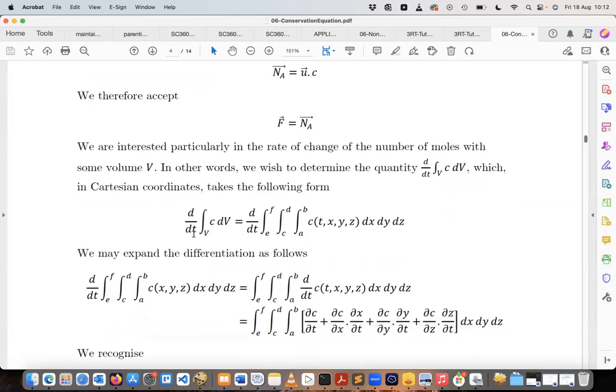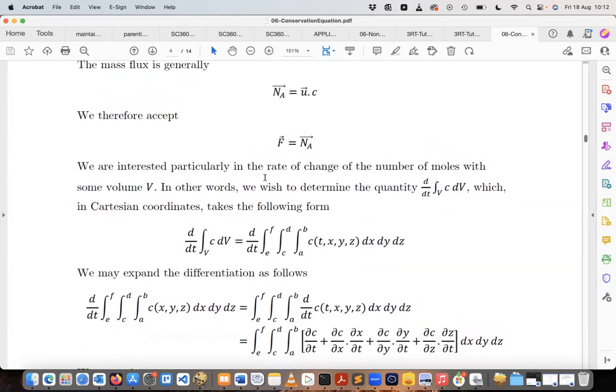So we said that the rate of change, or let's not think about the divergence theorem just yet. Let's think about just adding up the total number of moles, the rate of change of the moles in our space. So we've got some volume in our system, and we can identify different concentrations at different points in that space.